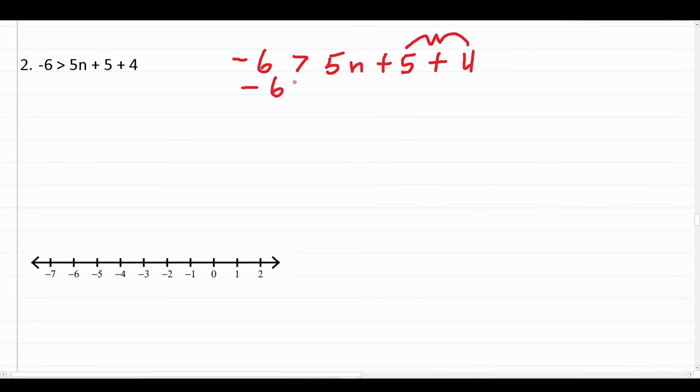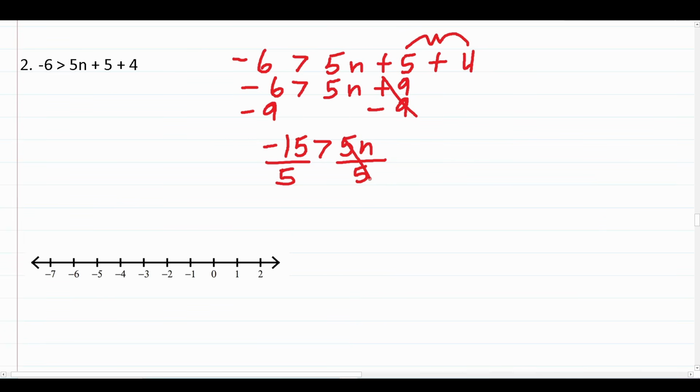So this is negative 6 is greater than 5n plus 9. Again, our goal is to get n by itself, so we're going to subtract 9 from both sides. This crosses out, leaving you with 5n on this side. Negative 6 minus 9 is going to be negative 15. And now to get n by itself, we're going to divide both sides by 5. This crosses out, leaving you with n on this side.